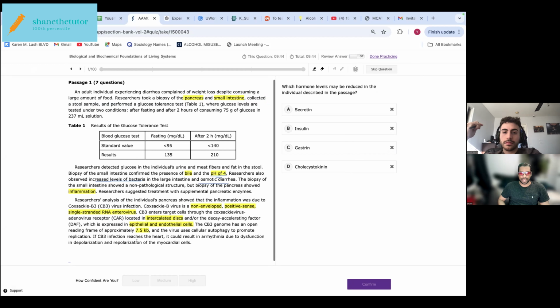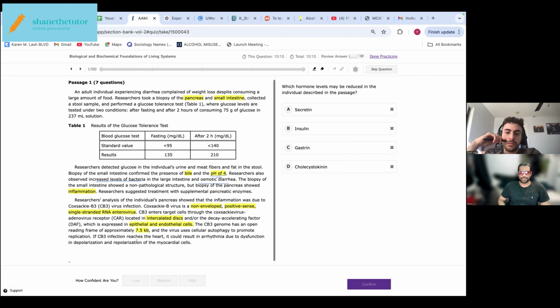And they did a glucose tolerance test, which is in table 1, and we see that this person seems to have a glucose intolerance, right? Because this person has way more blood glucose than he should have, right? Yeah. So that is an issue.